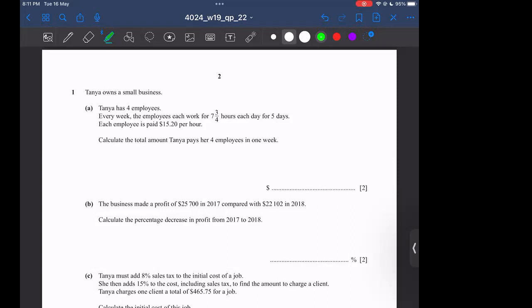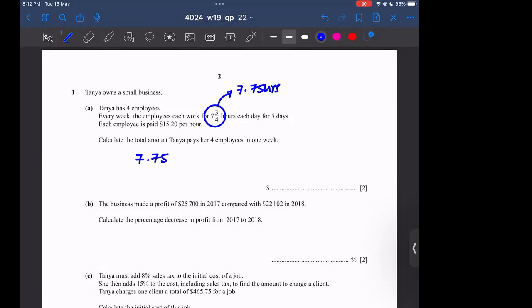So basically, let's first calculate the total number of hours that one employee is working. One day he's working 7 whole 3/4. 7 whole 3/4 is basically 7.75, since 3/4 is 0.75. So each employee works 7.75 hours each day.